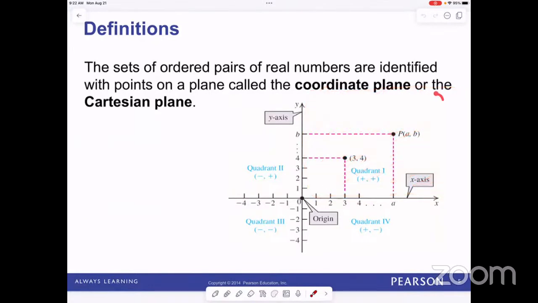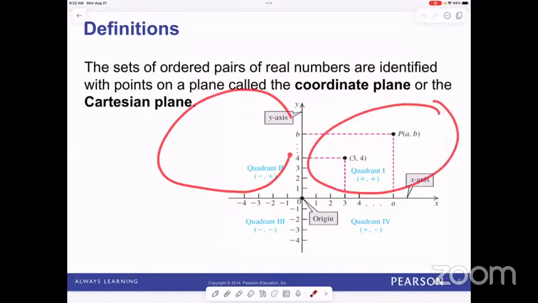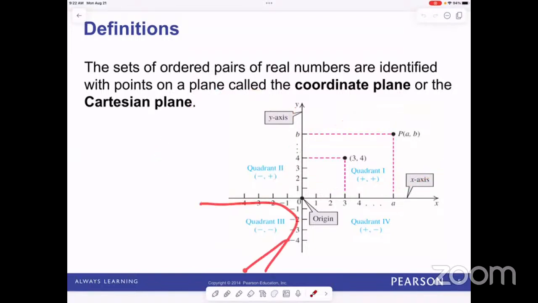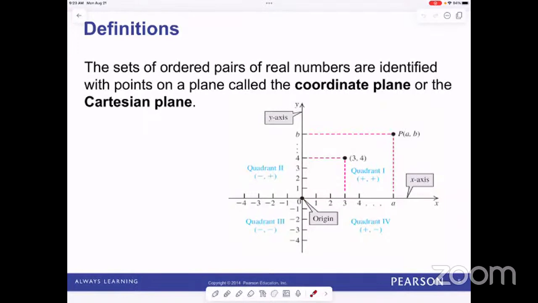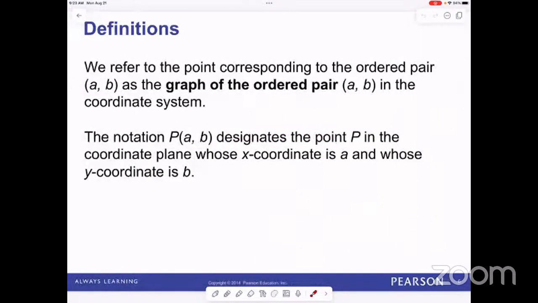Then it progresses counterclockwise: upper left is quadrant 2, lower left is quadrant 3, and all in the direction of the bottom right is quadrant 4. So the XY plane breaks the flat surface up into 4 regions. Quadrant 1 is upper right, and then we progress counterclockwise. All this stuff I'm saying live is already in my pre-recorded lectures. It's essentially the same thing.